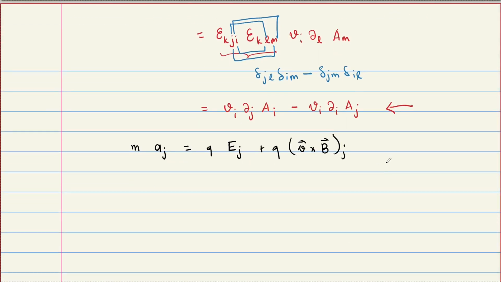And what is this equation? This is the Lorentz force, right? Since I reproduced the classically correct equation of motion, this is the correct equation of motion for a particle in electric and magnetic fields.